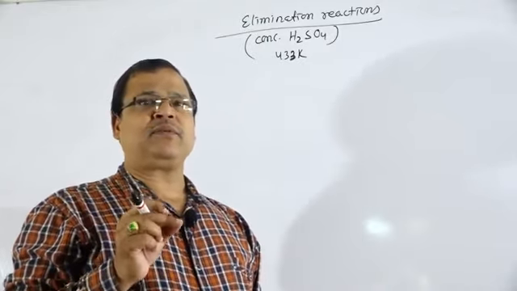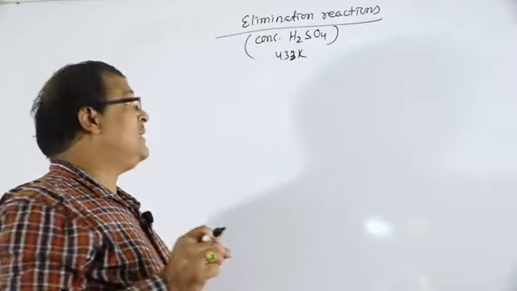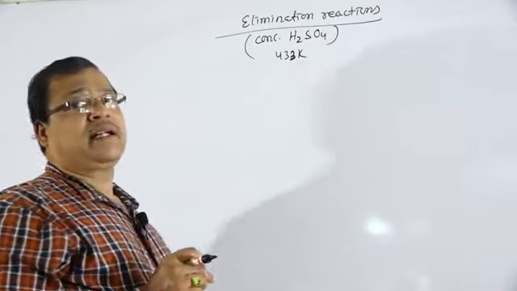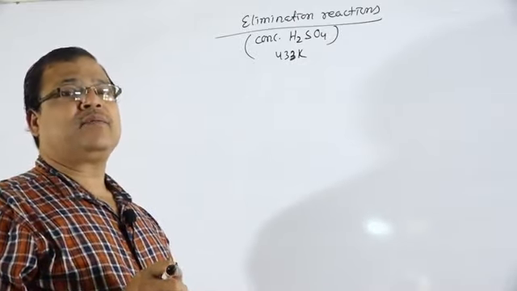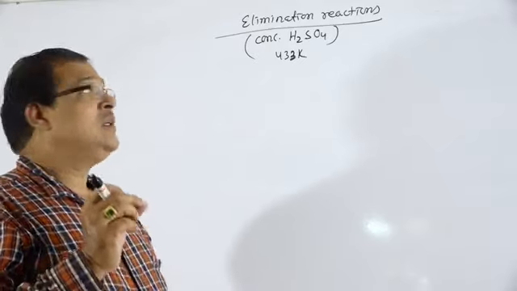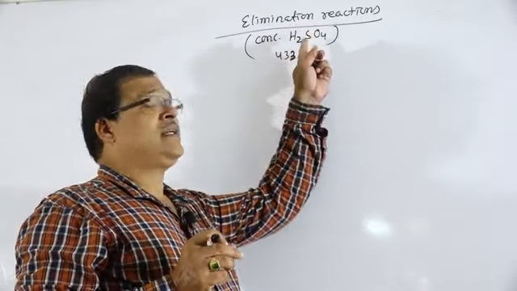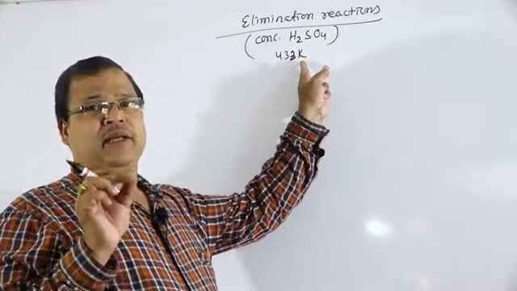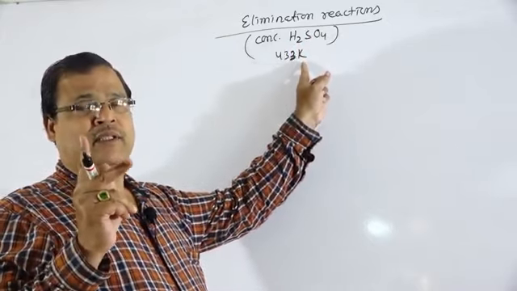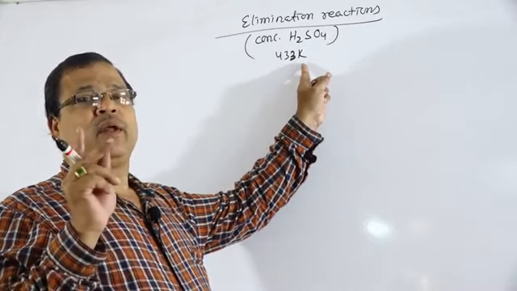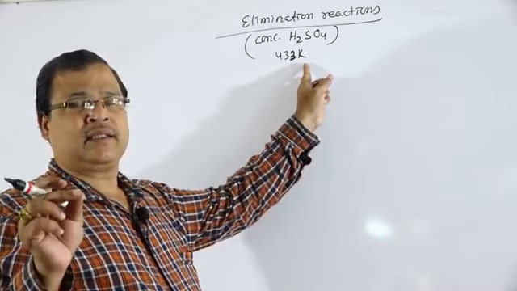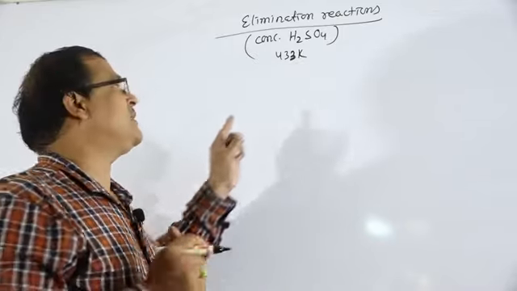If excess of concentrated sulfuric acid has been taken, then there is the formation of alkene. So the elimination reaction of alcohol can be explained on the basis of whether we have taken alcohol in excess or concentrated sulfuric acid in excess.